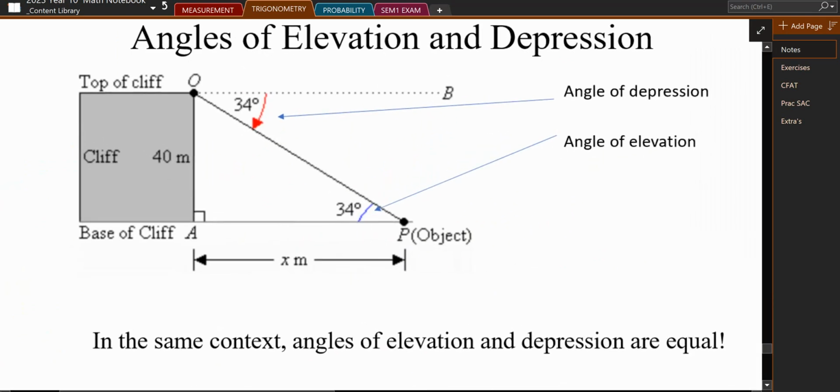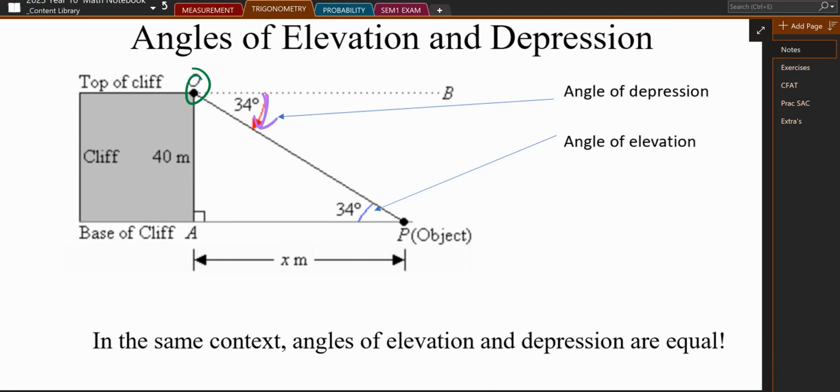So if you're at the top of the cliff, for example here, looking at an object below your horizontal, it creates, as you can see here, an angle of depression.